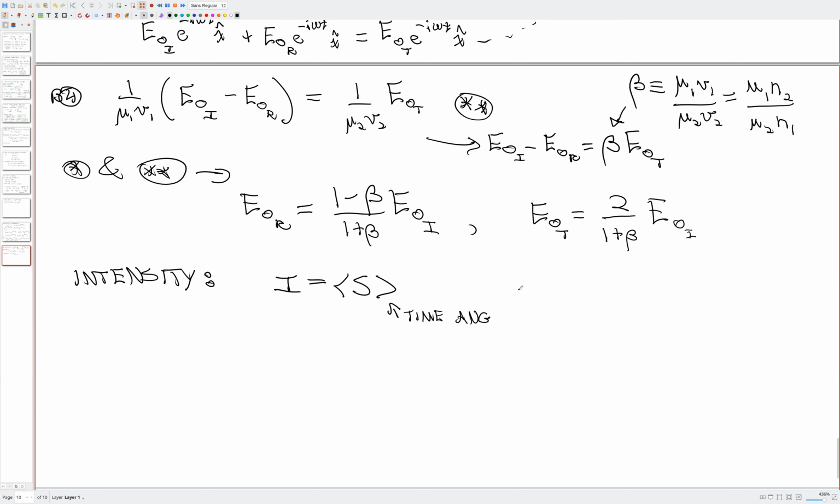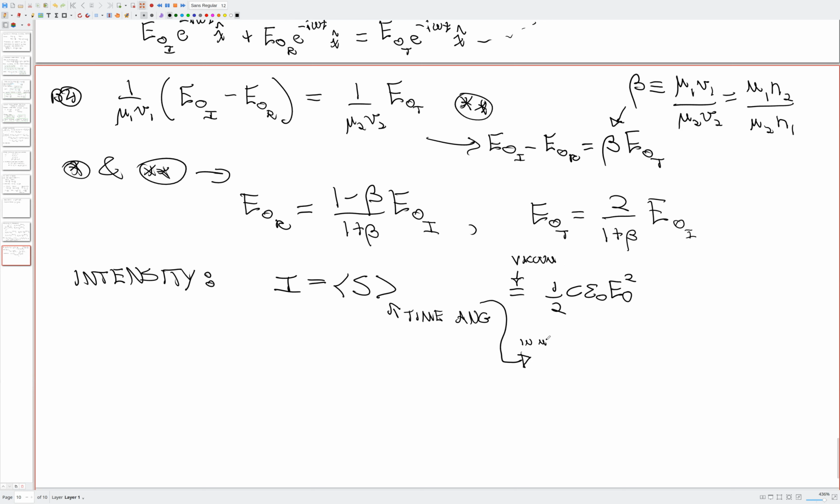So in vacuum this was 1/2 the speed of light times epsilon 0 E0 squared. But we're not in vacuum.